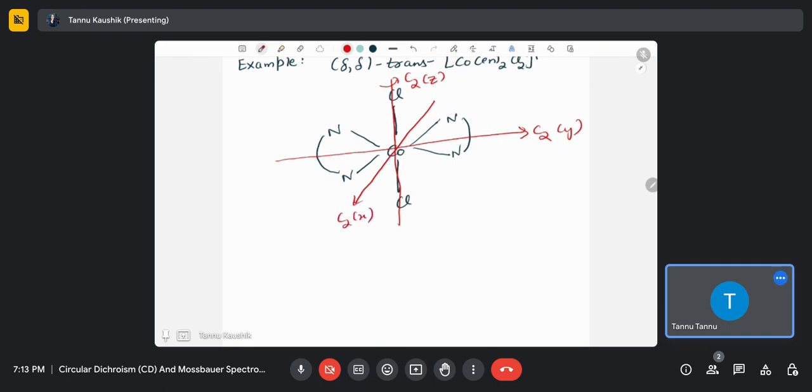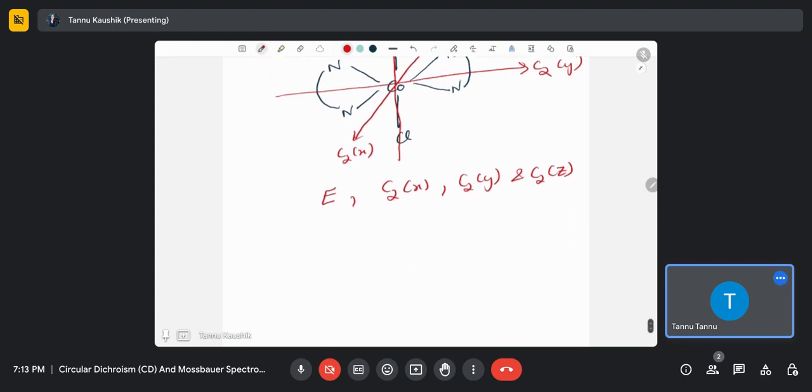So in this molecule, the only symmetry elements present are the identity operation and C2X, C2Y, and C2Z axes, that is C2 axis of rotation along X, Y, and Z coordinates.